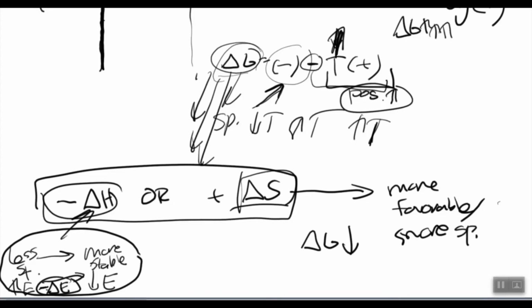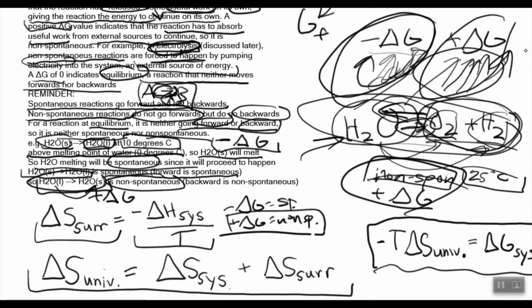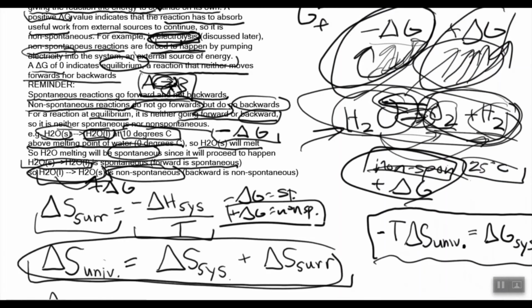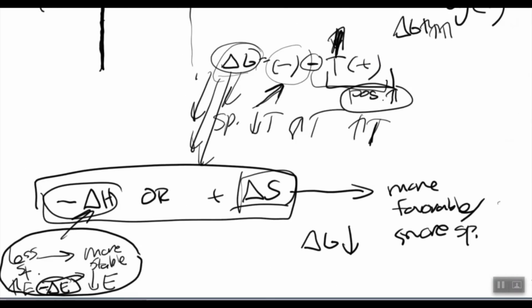Now, what about a positive delta S? Well, according to the law of thermodynamics that we reviewed up here, the delta S of the universe is equal to this, but we also learned that it has to be greater than 0, which means that entropy has to always be positive for the universe, which means that the universe tends to get more chaotic over time. So the delta S of the universe is greater than 0, so that means that the universe gets more chaotic, since we know that a positive delta S means an increase in disorder.